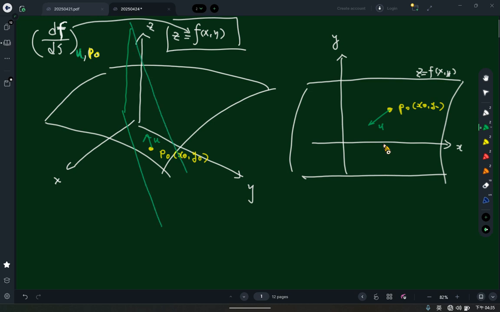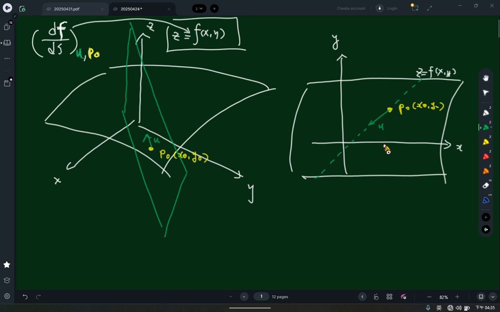I use this cutting plane to have the intersection with the surface. That means the cutting plane will pass through the surface, right?